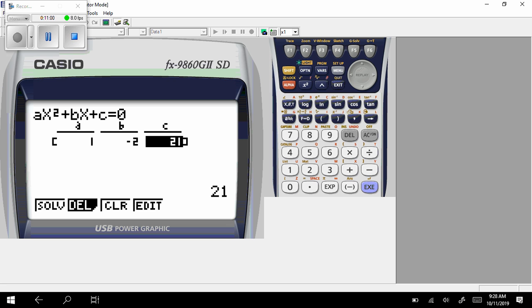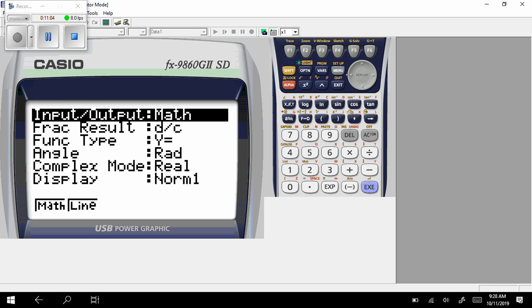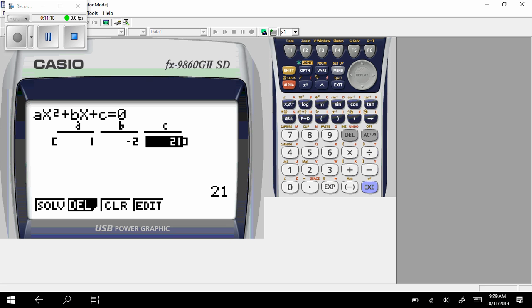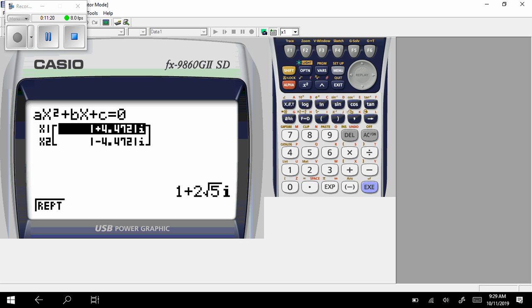You can go into your settings. So if you go Shift, Setup, we can change our calculator so it will show us imaginary answers. If you change it out of real and change it to imaginary right here, it will tell us imaginary answers too. The better your calculator, the better this works.